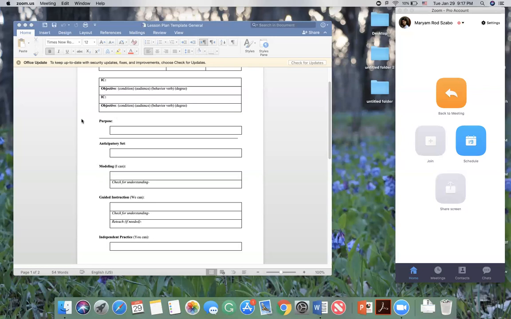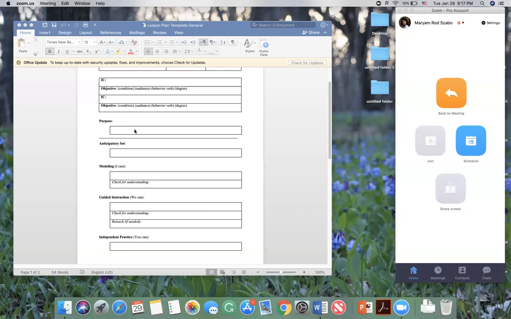Now you just want to say that in simple words: by the end of this lesson, students will be able to summarize a text, or students will be able to compose music.